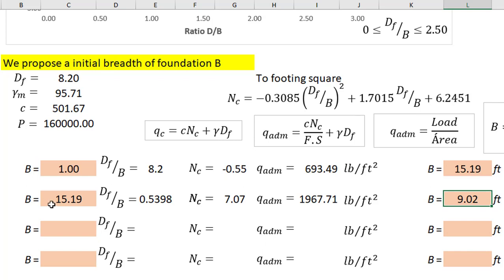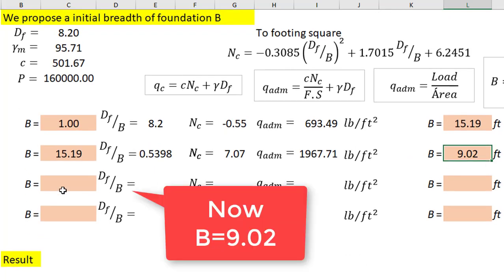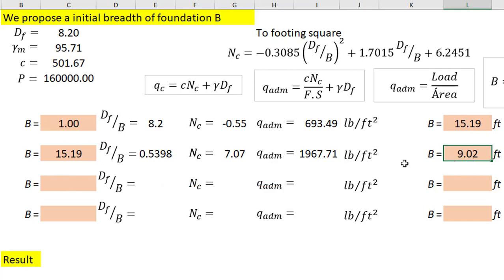It is different to the initial B. Let's continue. Now the initial B will be equal to 9.02.